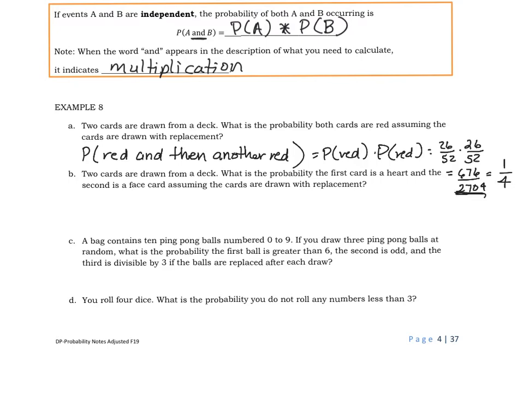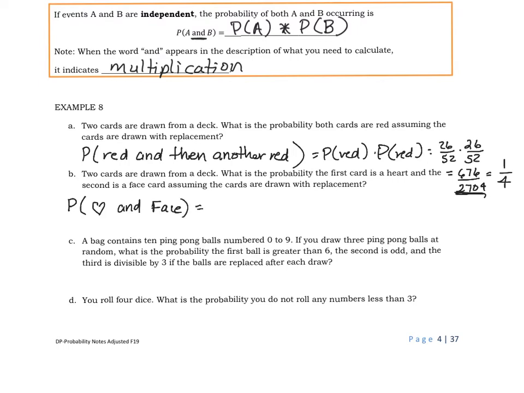All right, B. 2 cards are drawn from a deck. What is the probability the first card is a heart and the second is a face card, assuming the cards are drawn with replacement? So without being as wordy this time, we're assuming that one is a heart and then the other one is a face card.